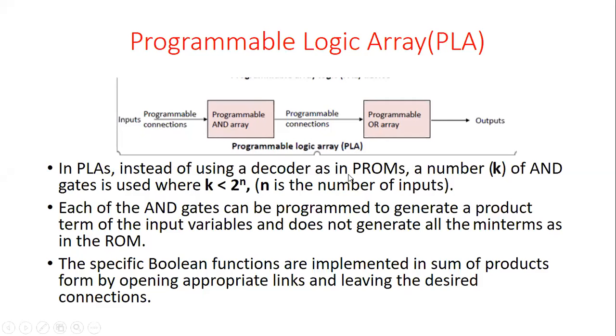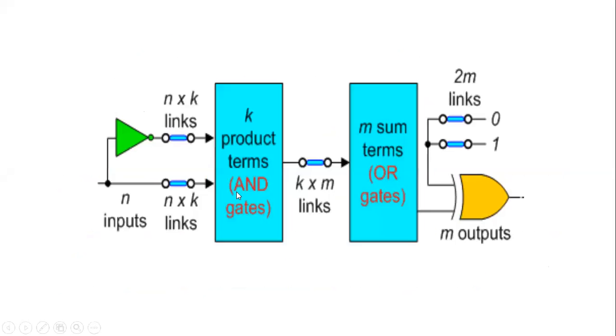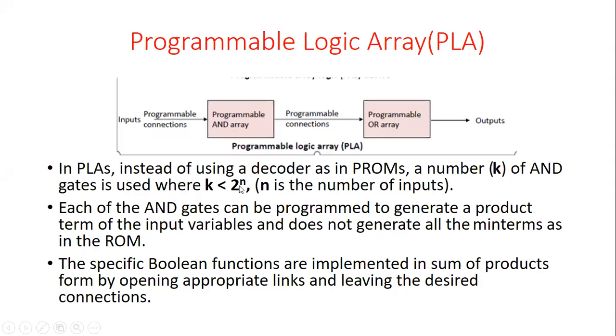So the number of AND gates we get here is k, which is less than 2 power n, where n is the total number of inputs. Here each AND gate is programmed, and each OR gate is also programmed, unlike the ROM.